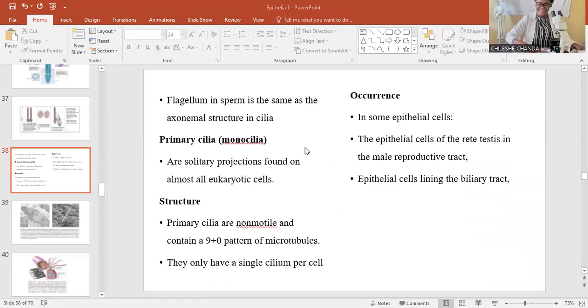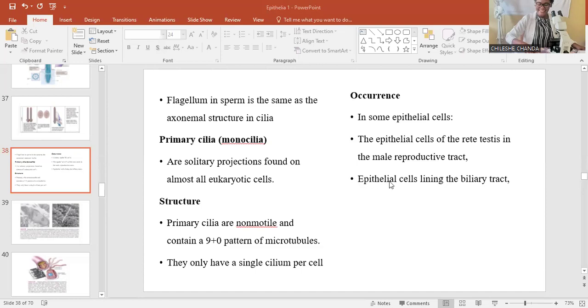For monocilia, they'll only have 9 pairs of microtubules, and they will not have the central 2 microtubules. Monocilia are found in epithelial cells of the rete testis, in the male reproductive system. That is a part of the tubules of the testis inside.